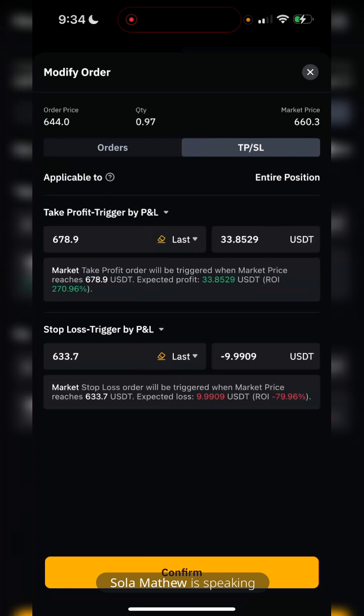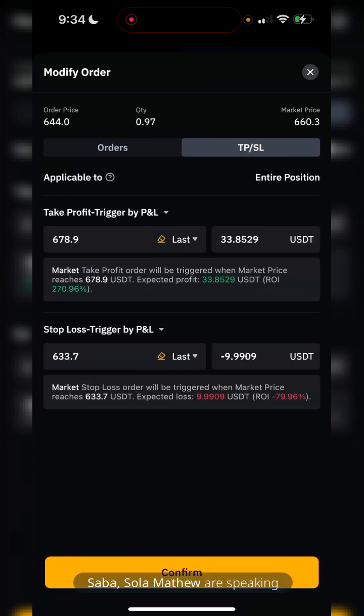That means you make 33.85. Then if the market goes against you, say the market starts going down, instead of losing all of your money, what you will lose is 9.9, because that's where the trade will stop. Yes, I understand.